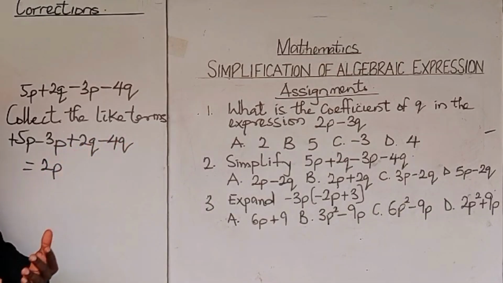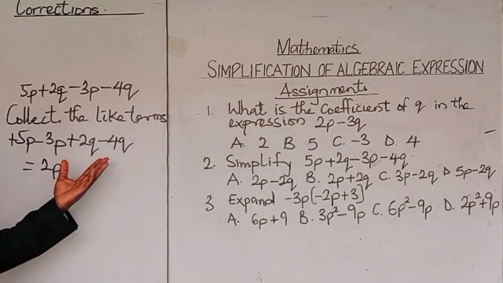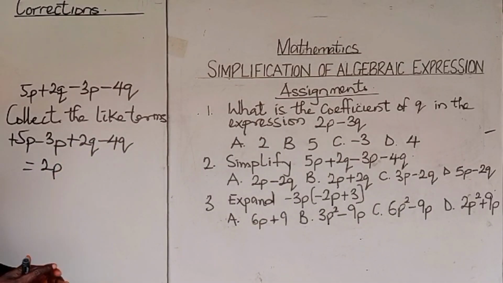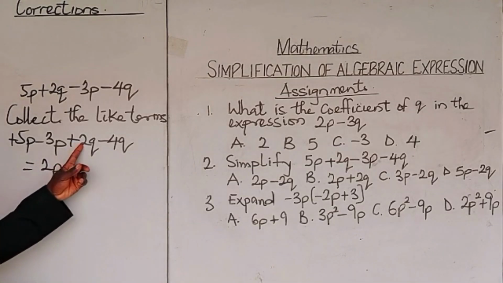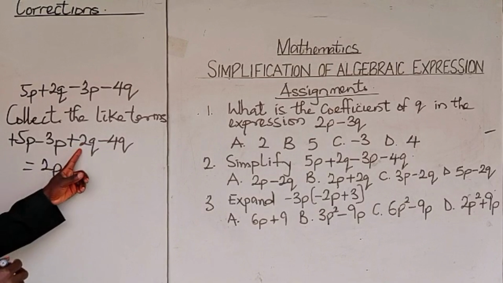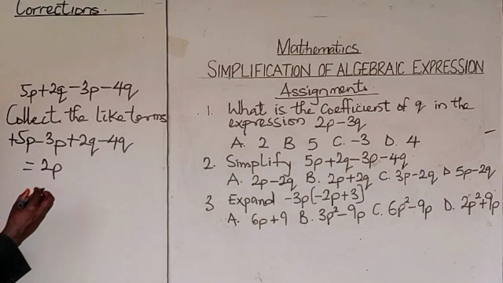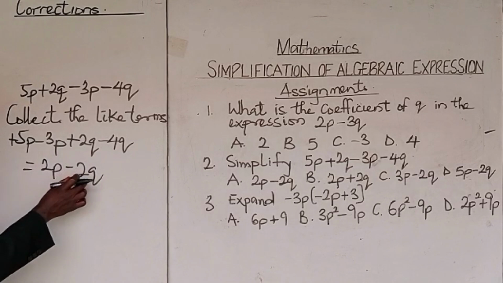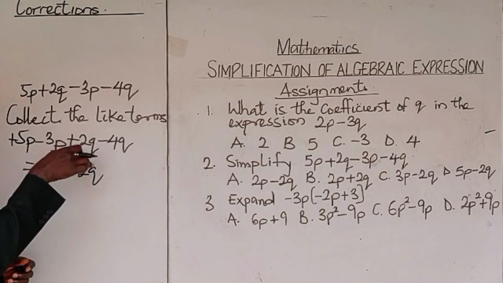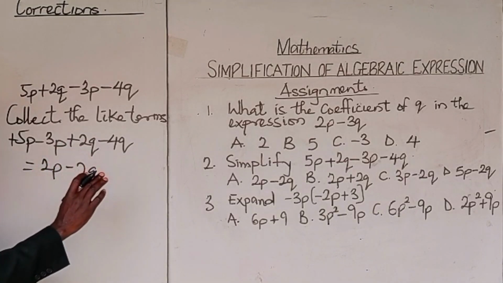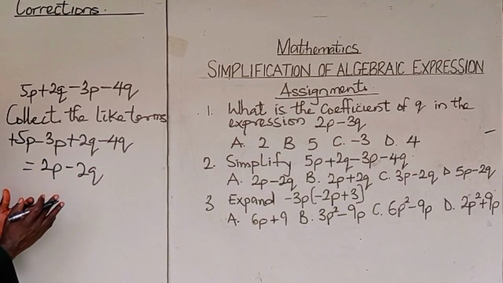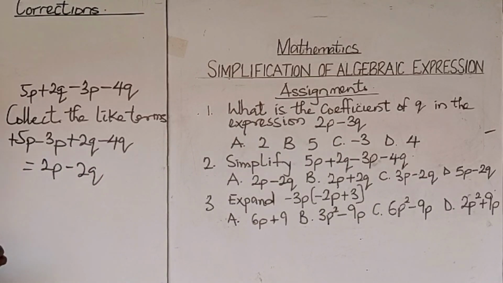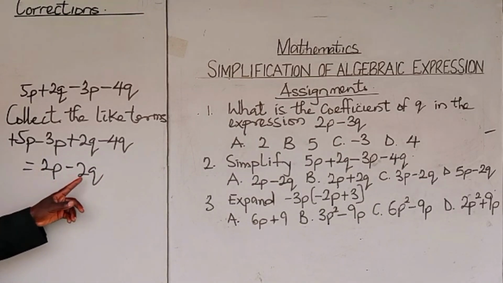So when the person that I'm owing that amount comes, I will make an appeal and say, please, I have just 2 with me. I'm going to pay you installmentally. So I'll first of all pay these 2. After paying these 2, my balance will now be minus 2q. This minus 2q implies that I'm still owing. I've not balanced my payment. So finally, the result is going to be 2p minus 2q.